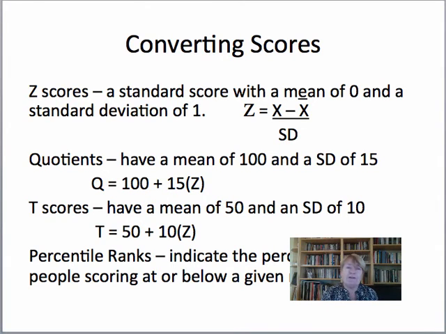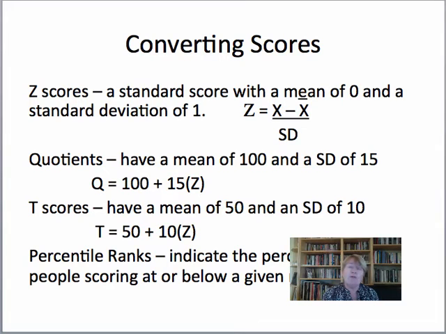So the first set of standard scores, or the 3 sets of standard scores that we're going to look at first, are z-scores, quotients, and t-scores, and then later we'll move to percentile ranks. So let's start with z-scores because we're going to use z-scores for a lot of things, so I want you to get really familiar with this formula.